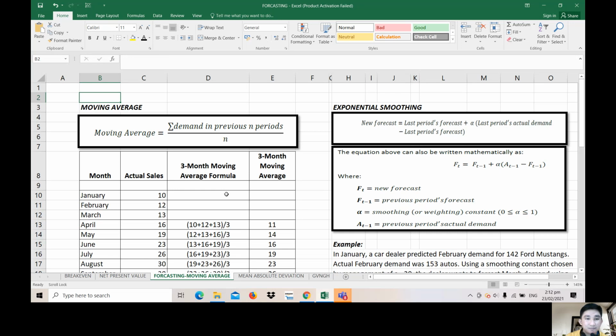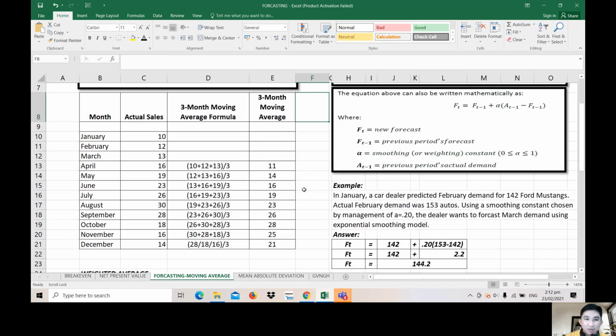Now, here, we're going to have a basis in our forecast based on the moving average. What I read earlier had a basis of 4 months, but in our example, our basis is a 3-month moving average. In the 3-month moving average, the first 3 months before the month of forecast are what we will use as our data.